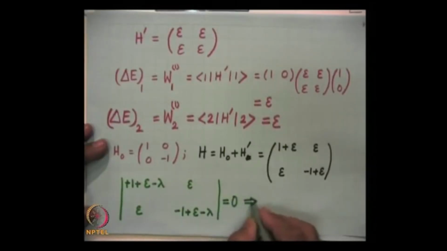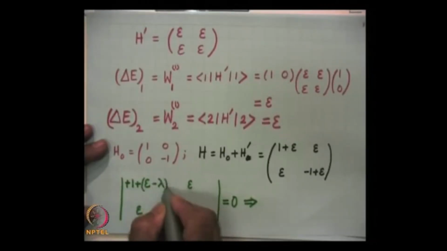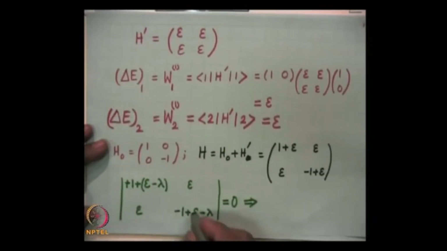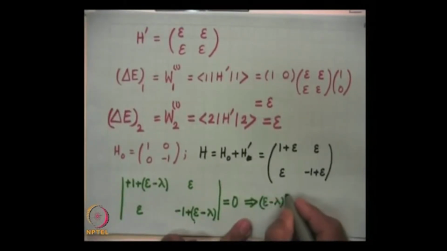So, this gives me this times this. This is epsilon minus lambda, if I put it in bracket, plus 1. This is epsilon minus lambda minus 1. So, this becomes epsilon minus lambda whole square minus 1 minus epsilon square is equal to 0.